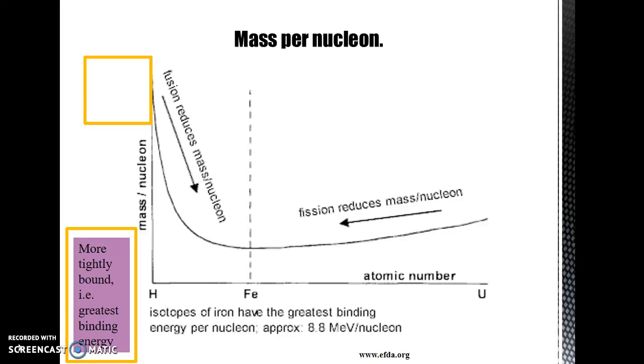If you look at this graph again, you can see that iron is the most stable element. Its nucleus has the greatest binding energy per nucleon, and we saw that on the previous graph, which means it needs the most energy to release a nucleon from an iron nucleus than any other element.